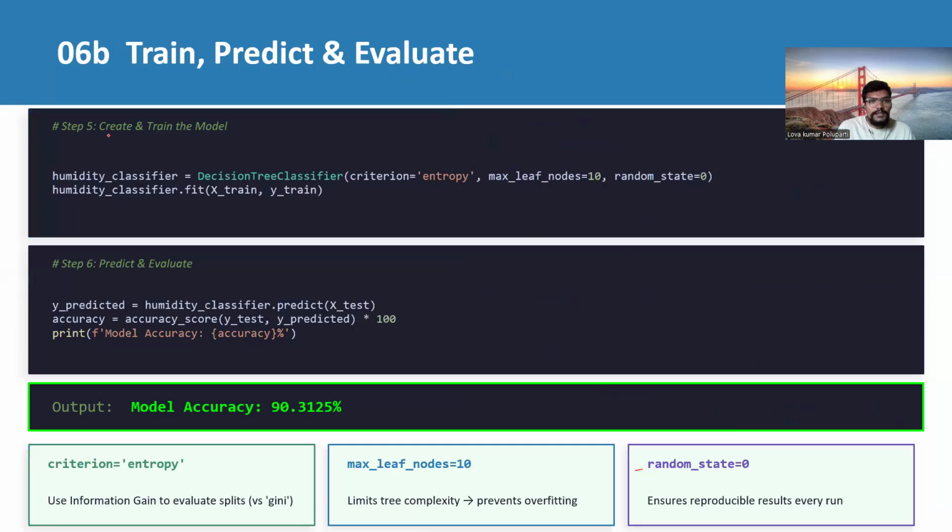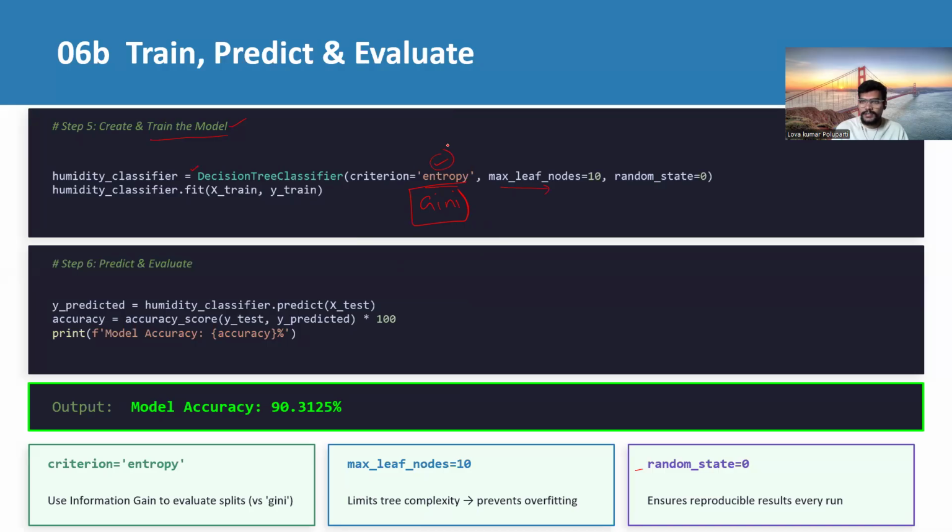Then I will train my model using my data. Here I'm applying entropy; you can apply Gini also. I'm also giving the maximum leaf nodes. A lot of concepts are there, but coding-wise you don't see what is really happening. The training steps happen behind the scenes by taking entropy into consideration.